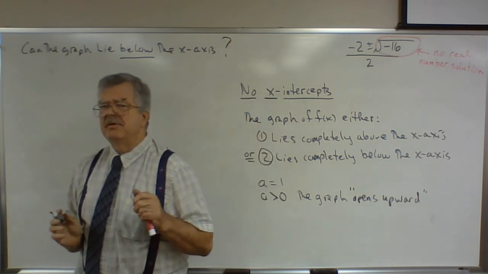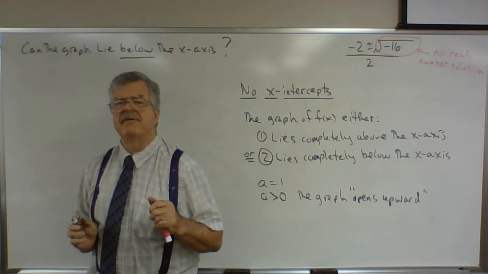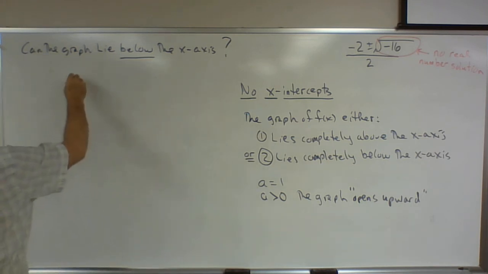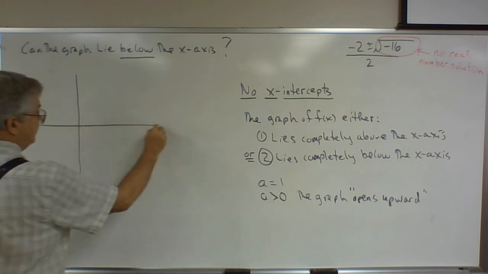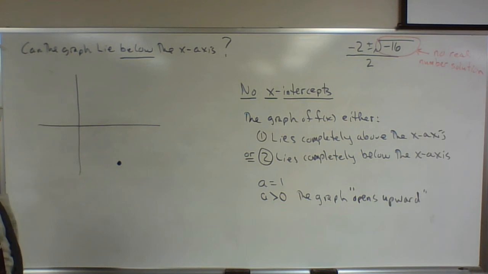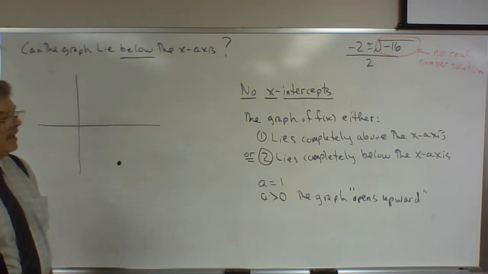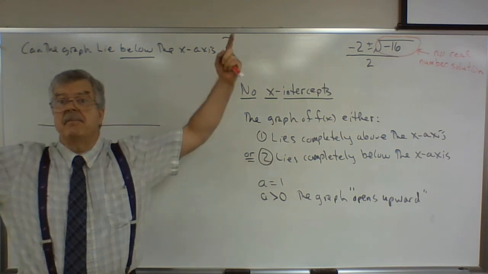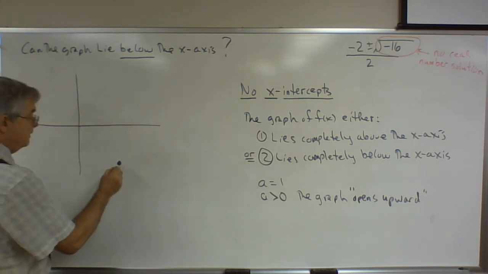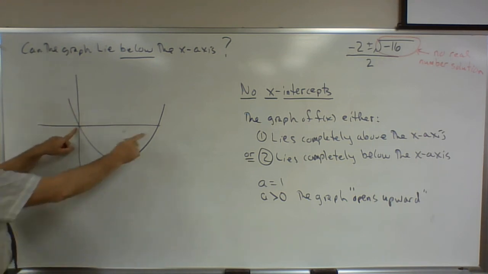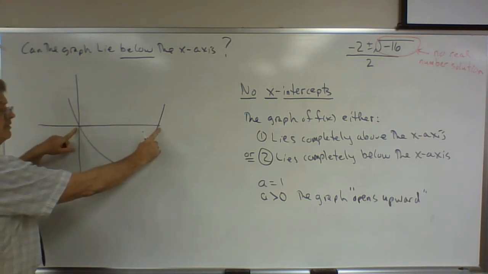Is it possible that the entire graph of the function could lie below the x-axis? Well, let's see. It's got to have a vertex, so here's the vertex. And since a is greater than 0, the graph opens upward from the vertex. Uh-oh, we have x-intercepts.